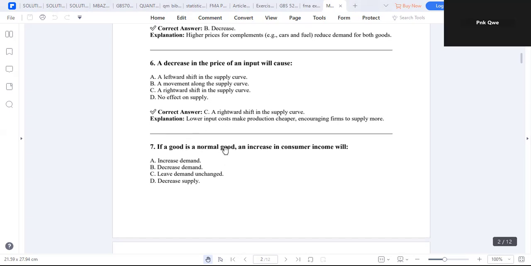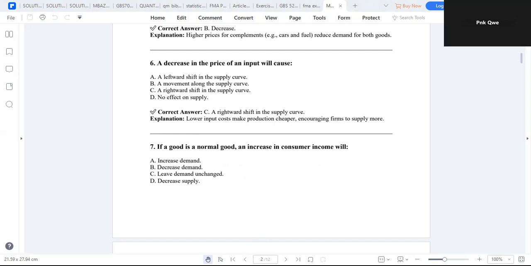Question number 7. If a good is normal, an increase in consumer income will do what? So you must understand that normal goods have a positive relationship. The higher the income, the higher the purchasing power.